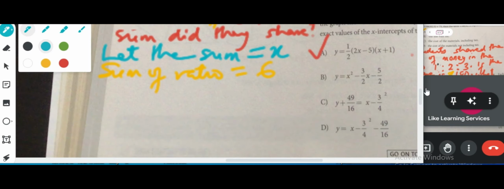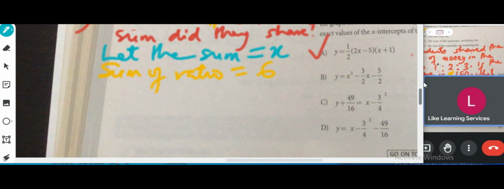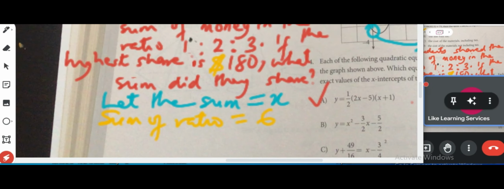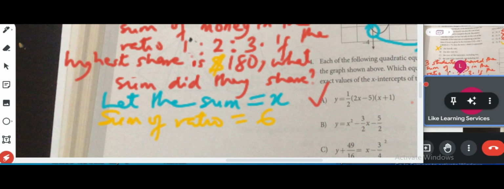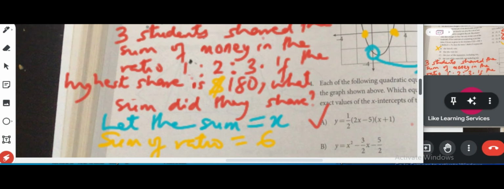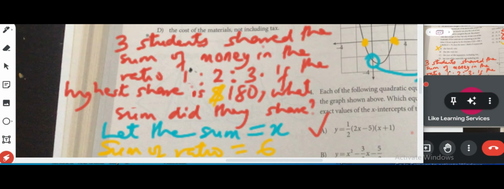Total amount is 180. No, the total amount is not 180. 180 is just the one that ratio 3 got. I told you we don't know the total amount now. We are looking for it. If you read the question, can I read out the question? 3 students shared a sum of money.